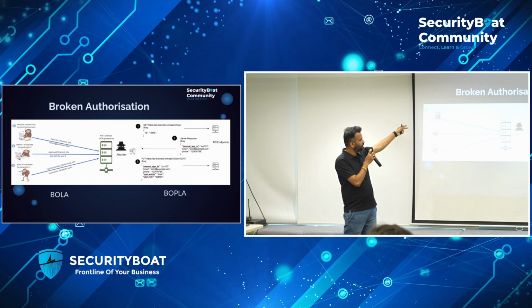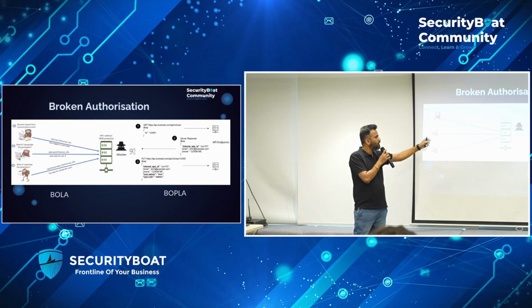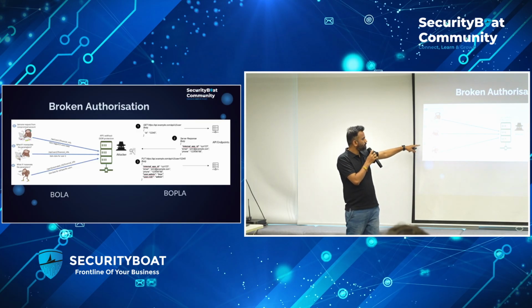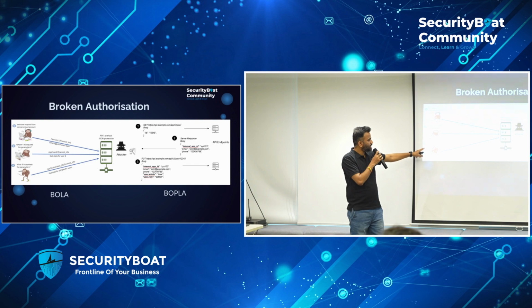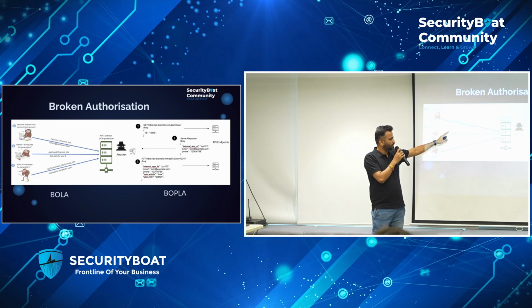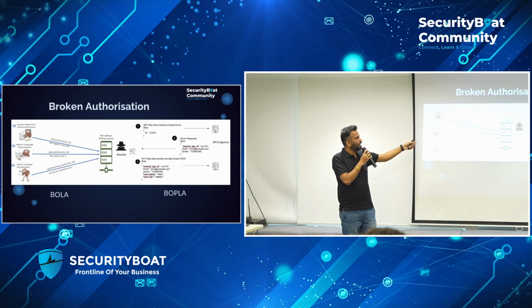There is a genuine request going to the API for user financial info. It will log into the system, and this API gets data of user 1. Now, thinking, what if I manipulate the parameter, instead of user 1 I put user 2, and if I see that I can get the information, I will try to automate the whole thing and fetch all the user IDs and user information.